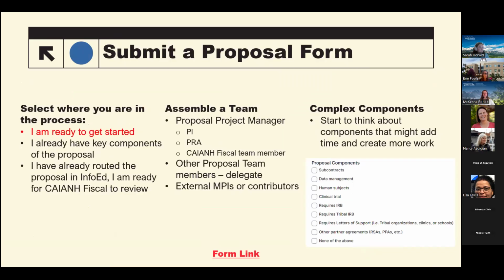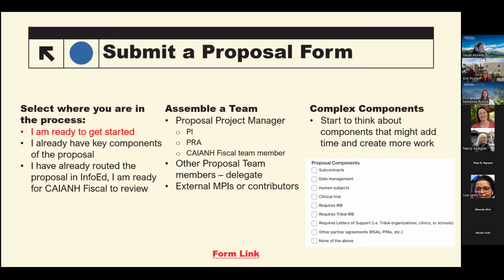The next step in the process is a new step for us. As McKenna said, this is an expanding process that we're working on. This is a Smartsheet form that we are rolling out starting July 1st as part of our larger shift from FormStack to Smartsheet. And so this is the funding submit a proposal form.